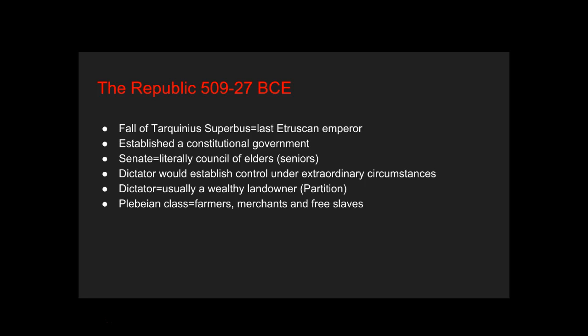Typically, the dictator was the general at the time. He was usually a wealthy landowner or a patron. The plebeian class were farmers, merchants, and freed slaves. And then you have the poor class. So the patrician class were the upper class, the plebeian class were the middle class, and then you have the lower or poor class.